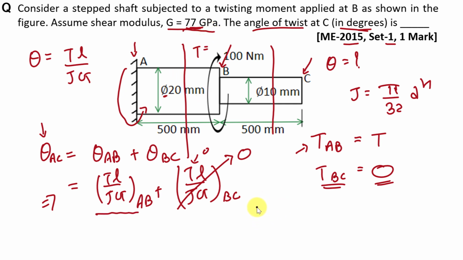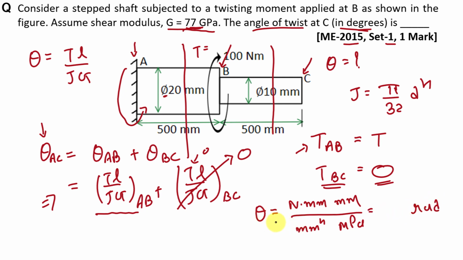Now to find out value of angle of twist, you have to take care in the units. Here if you will take this torque in Newton into mm, this length in mm, value of J in mm raised to 4, means you have to take diameter in mm, and if you will take this value of G in megapascal, then finally you will get theta in radian.